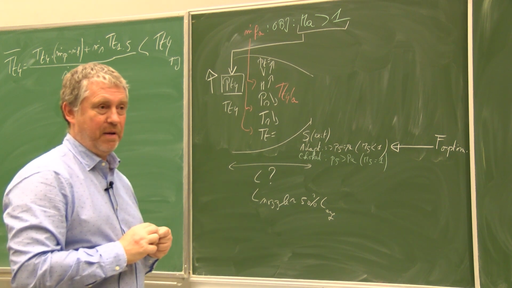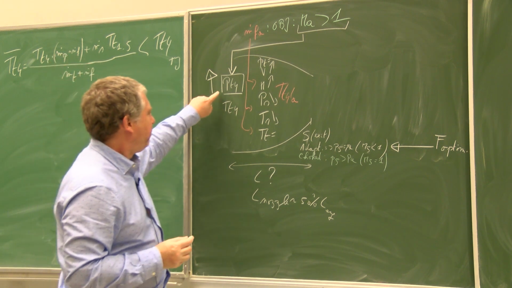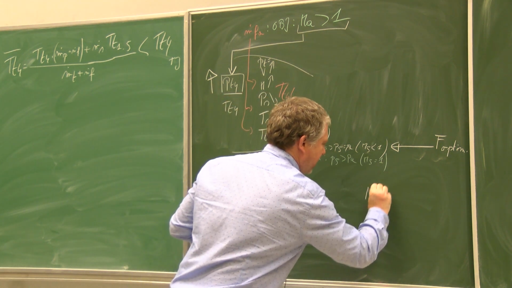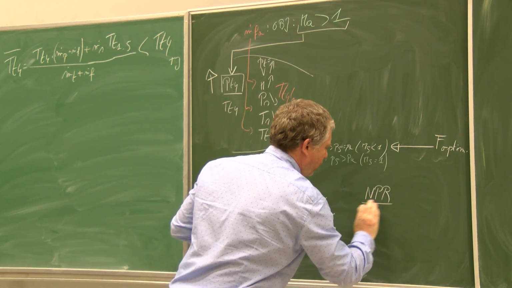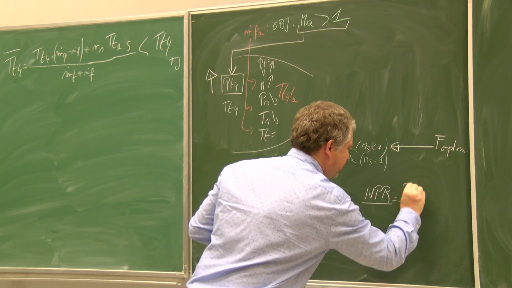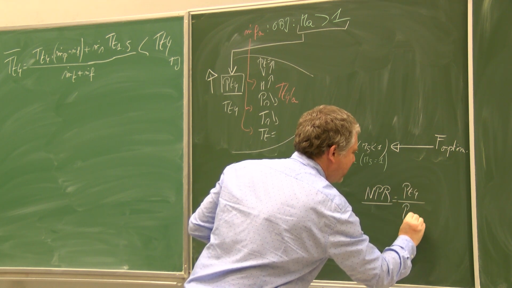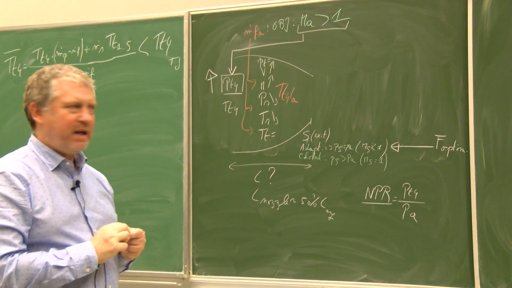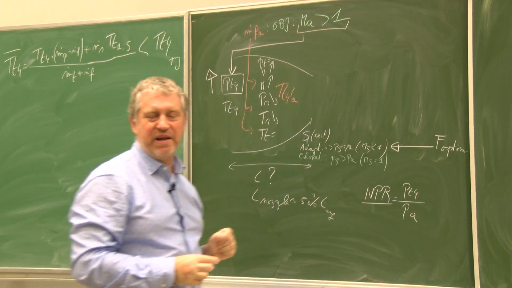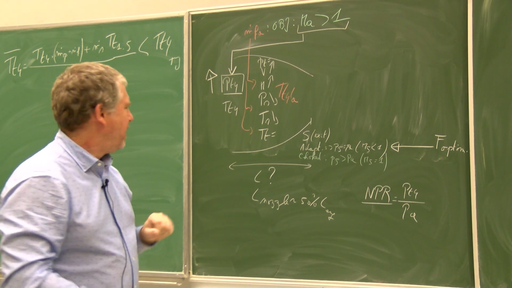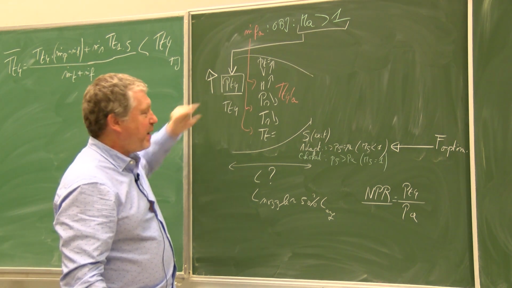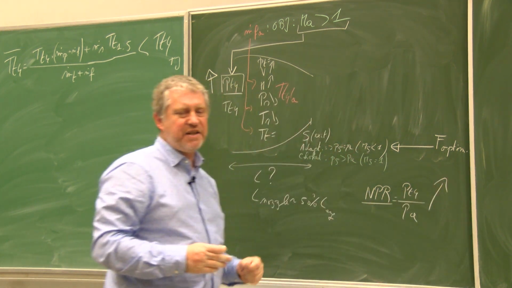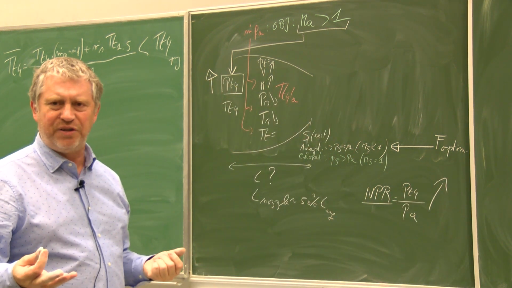Is it a problem? Yes, because what makes my nozzle choked or not choked is the ratio PT4 divided by PA. And if, due to my supersonic flight, I am increasing PT4, I am increasing my nozzle pressure ratio for a constant altitude.